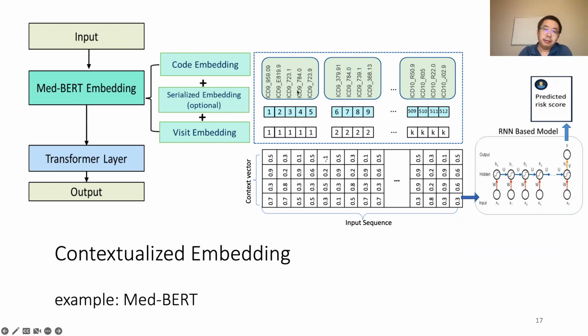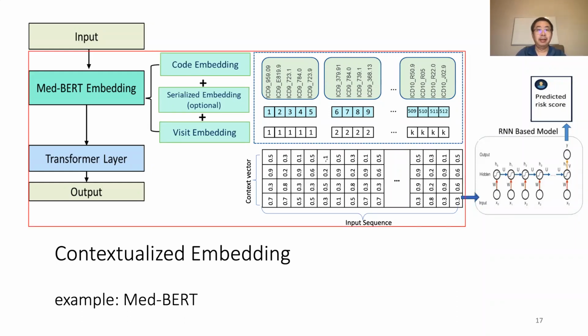Then we embed the code, the serialized number, and the visit all into vectors and add them up. So that's how we calculate it. We follow mostly what the classical BERT model has done.